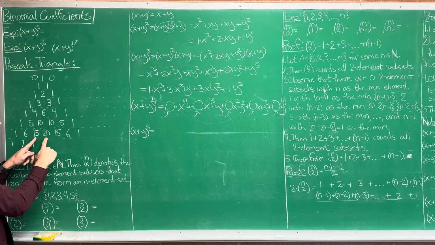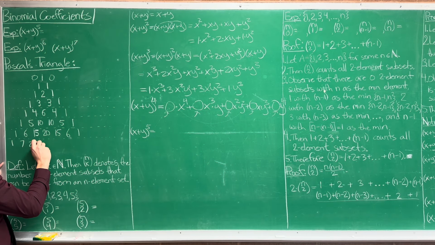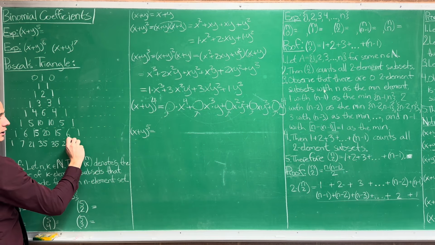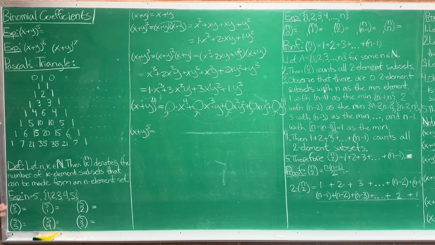Oh, that's a 15 and a 20, so it's 35. Once again, 20 and 15 gives us 35. 15 and 6 gives us 21, 7, 1. See the pattern? And notice the symmetry down the middle.